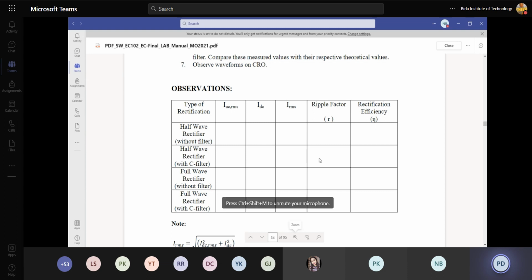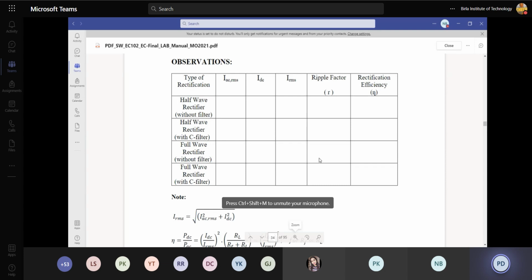If you remember from the theory class, any periodic waveform, if you expand it through the Fourier series, the first component is a DC component, which does not have any sine or cosine term. It is a fixed quantity, and the rest has sine and cosine terms. Excluding that DC part, the RMS value of the rest of the AC part is the IAC RMS.